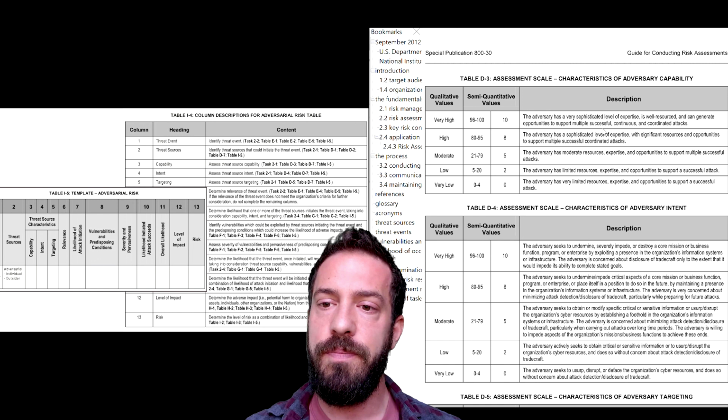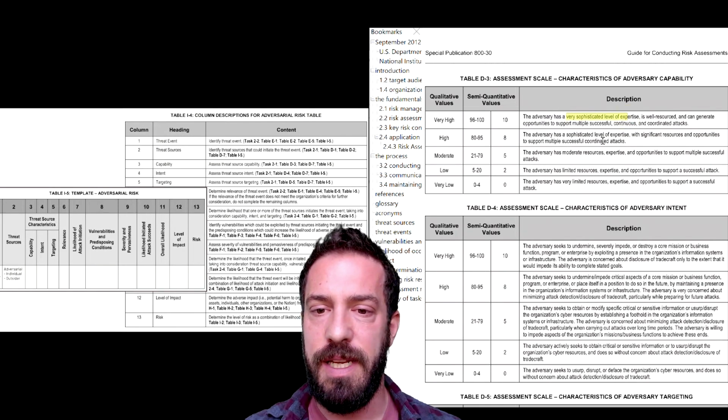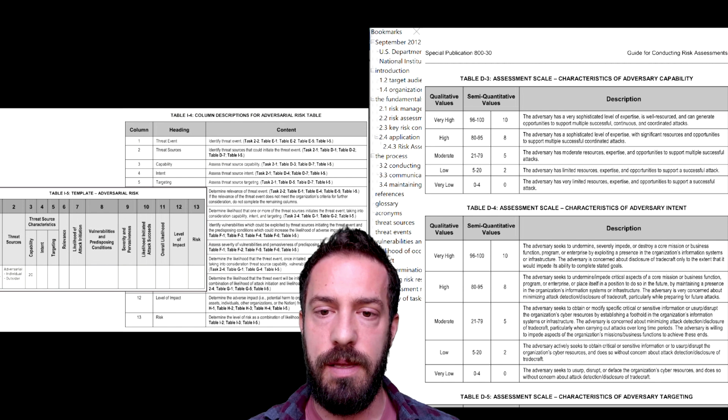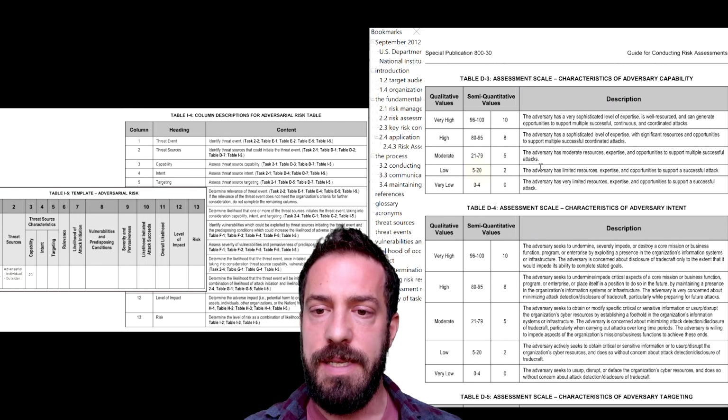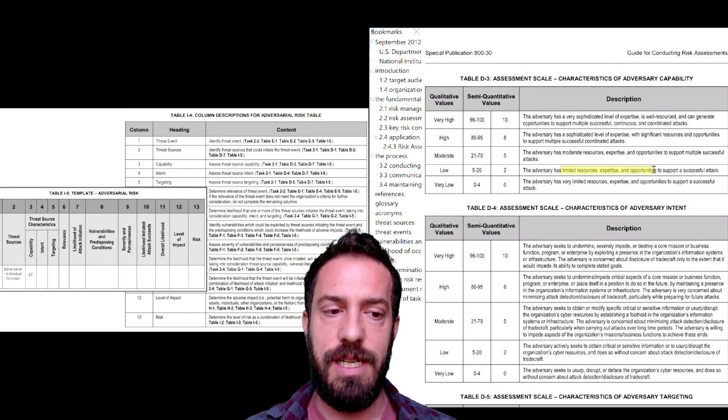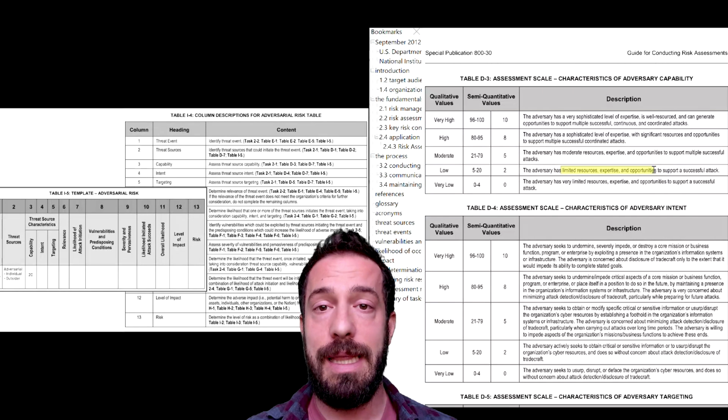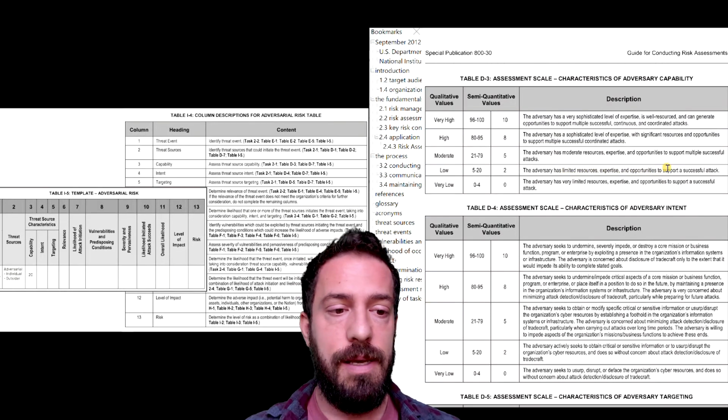I don't think there will be a very sophisticated level of expertise. This should be something much less. If it's an individual, I would be somewhere here, very limited to moderate. But let's say we stay with low and we put 20. I'm going to use this semi-quantitative value. I'll say limited resources and expertise because it's just an individual. It's not a nation state I'm worried about in this threat event.